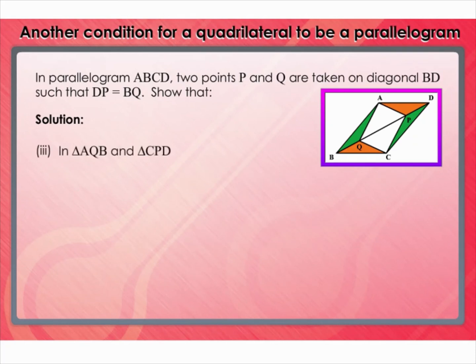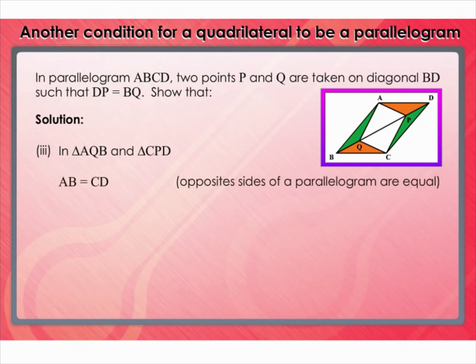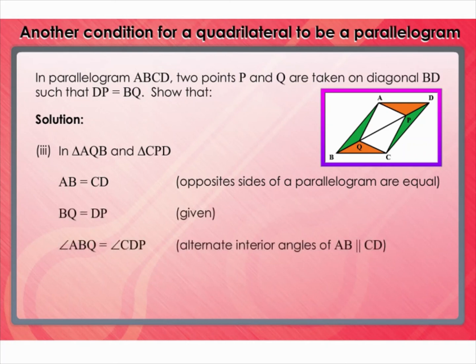Now we will prove triangle AQB is congruent to triangle CPD. In triangle AQB and triangle CPD, AB is equal to CD, since opposite sides of a parallelogram are equal. Also, BQ is equal to DP. Alternate interior angles of AB parallel to CD, so angle ABQ is equal to angle CDP.